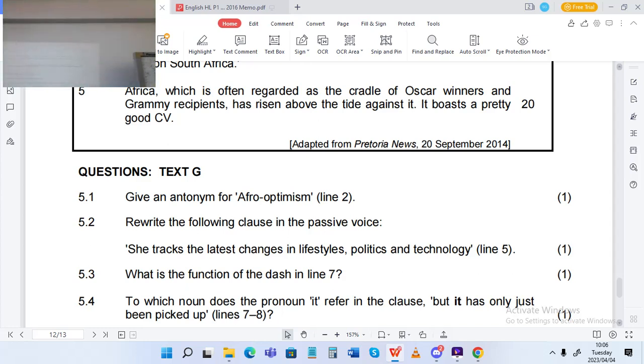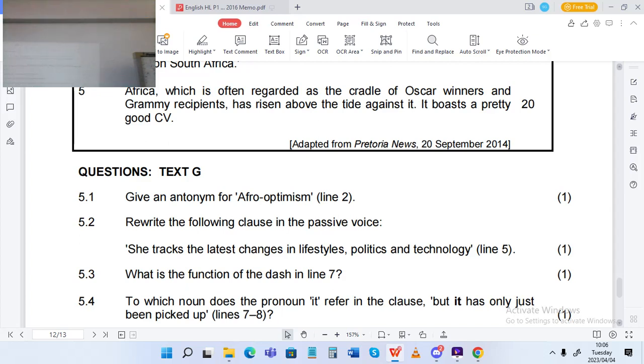Let's go. The first one is she's tracking the latest changes in lifestyle. What did you change? Let's listen to the others. The next one: she tracked the latest changes in lifestyle.